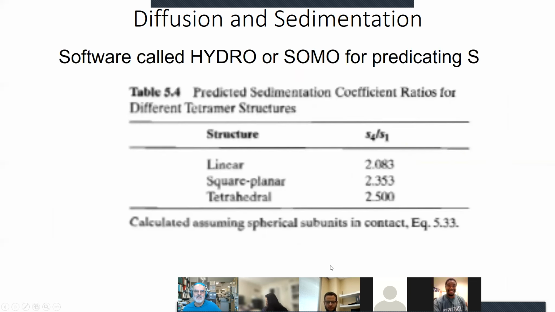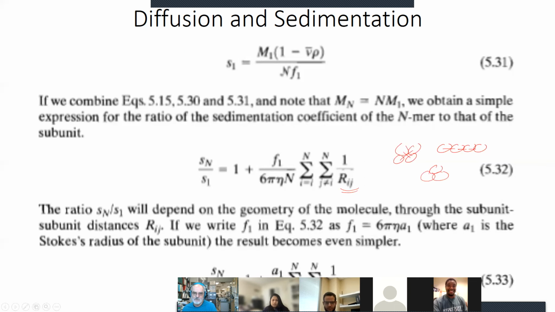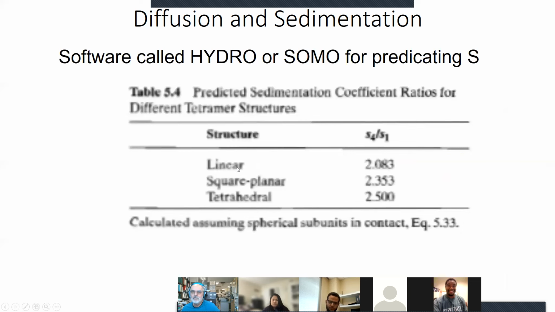And so here's a table that goes along with what I just said. If we had experimental data, monomer, tetramer, and we knew something about the S value, so the ratio of S4 to S1, and that's what these are expressed as, ratios back here, then I could predict if it was a linear or a square planar or a tetrahedral structure, depending on how much bigger the tetramer S value is than the monomer.